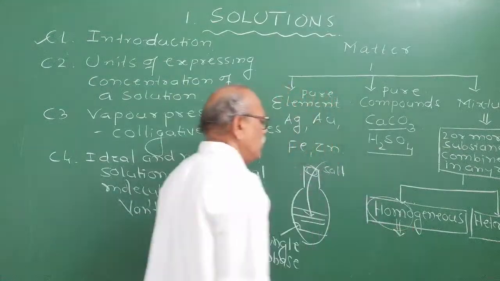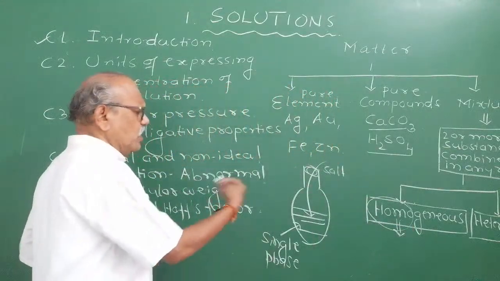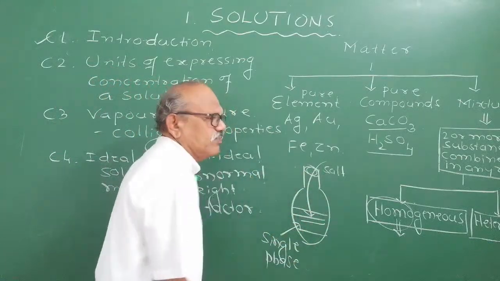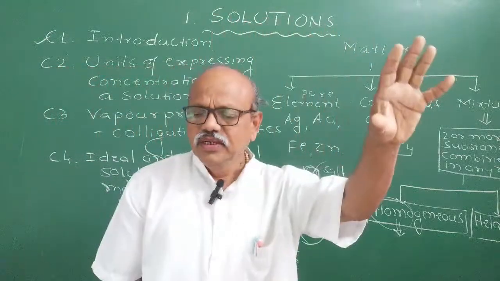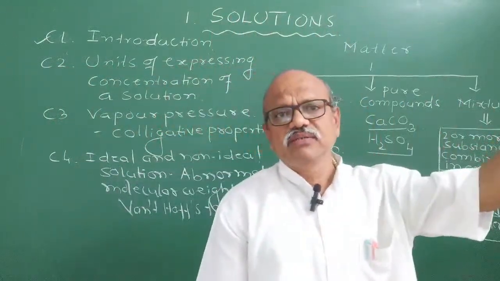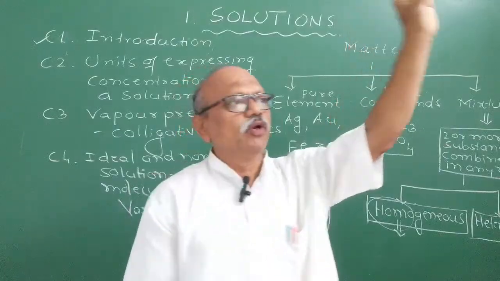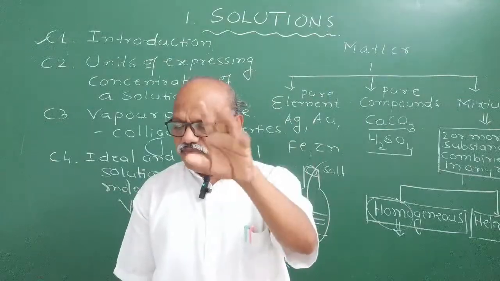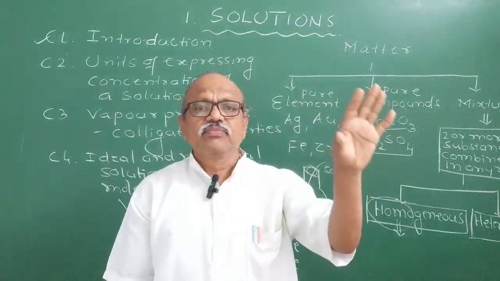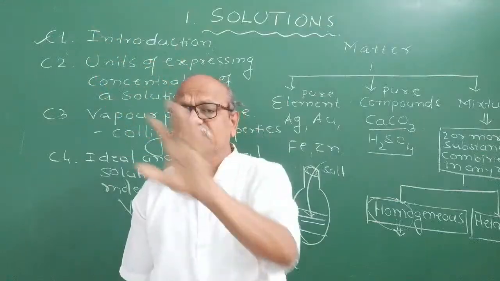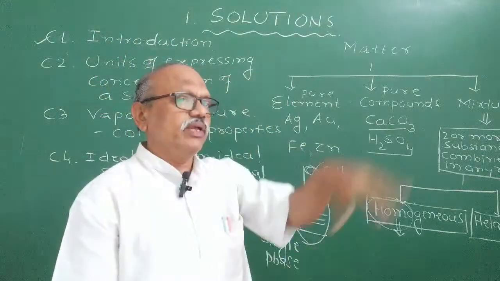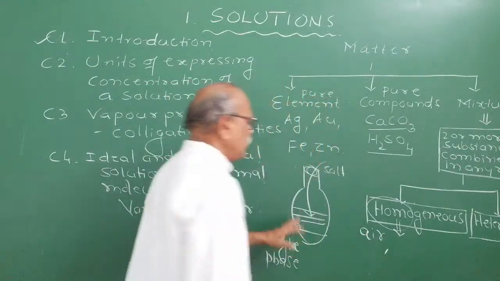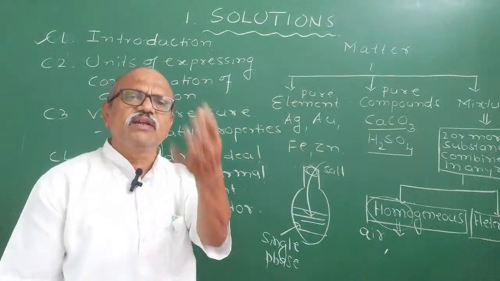Homogeneous mixtures are those where two or more components are mixed and form a uniform mixture. For example, you take air. Can you separately see oxygen, carbon dioxide, pollutants present in the air? From your naked eyes, can you see any of the oxygen, nitrogen, carbon dioxide separately? No, therefore air is a homogeneous mixture. Means all components will form one single phase.